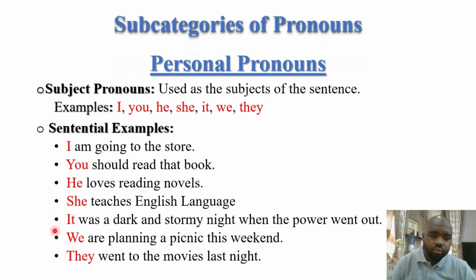Good. It was a dark and stormy night when the power went out. Here we don't have much repetition, right? We are planning a picnic this weekend, right? It's assumed here that the person you are telling about your plans for the picnic this weekend knows you and who else.